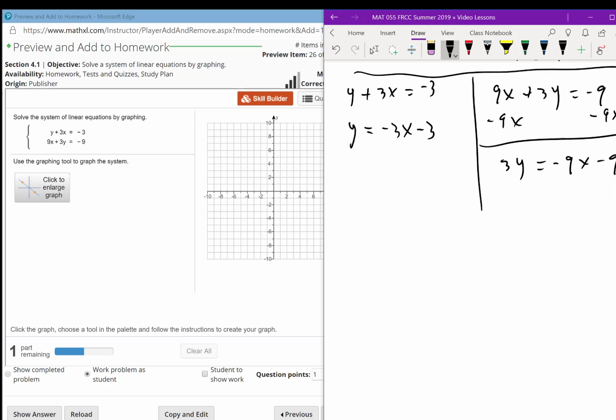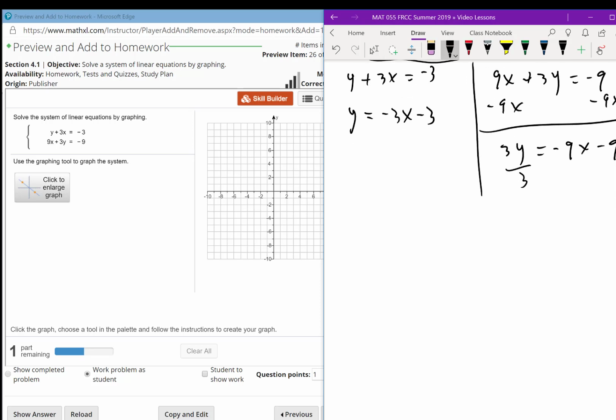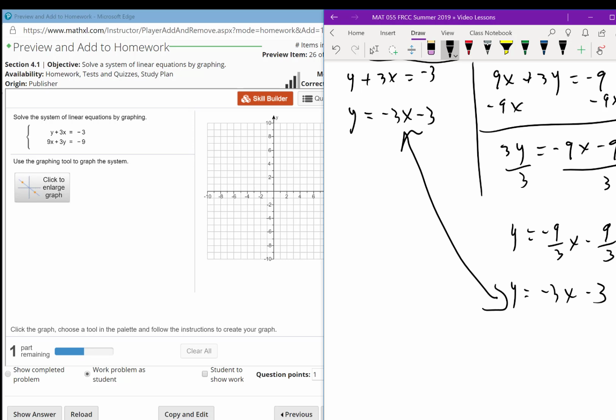And now if I divide both sides by 3, then I get y equals negative 9 over 3 x minus 9 over 3. So notice here I get y equals negative 3x minus 3. Notice that these are exactly the same equation of the line.